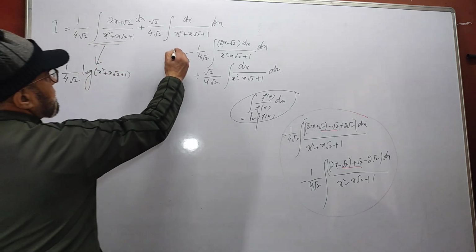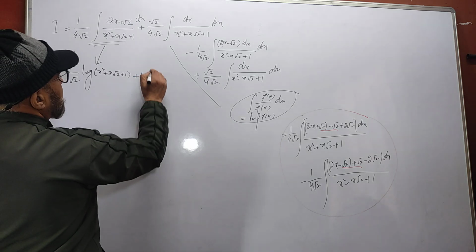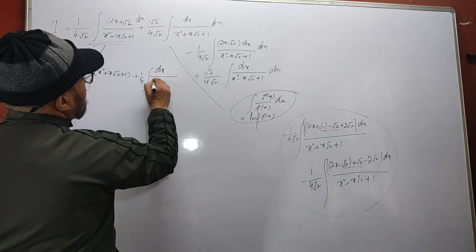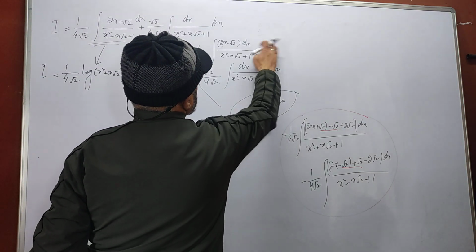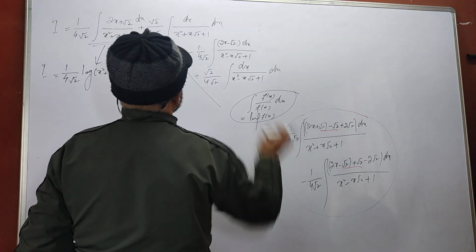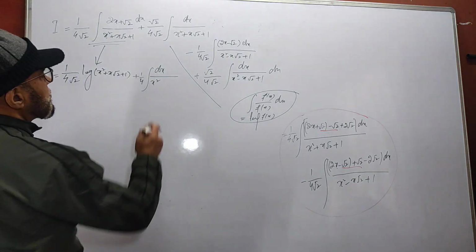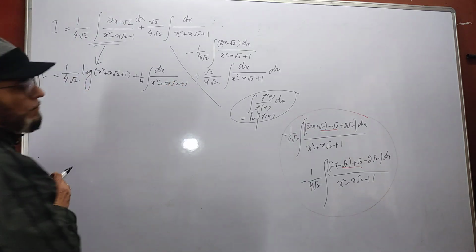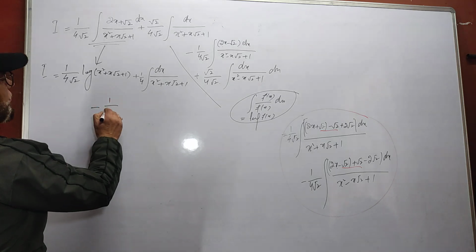Then here, plus 1 by 4 only the integral of dx upon x² + x√2 + 1. I had already written dx here, sorry. Then minus 1 by 4√2.